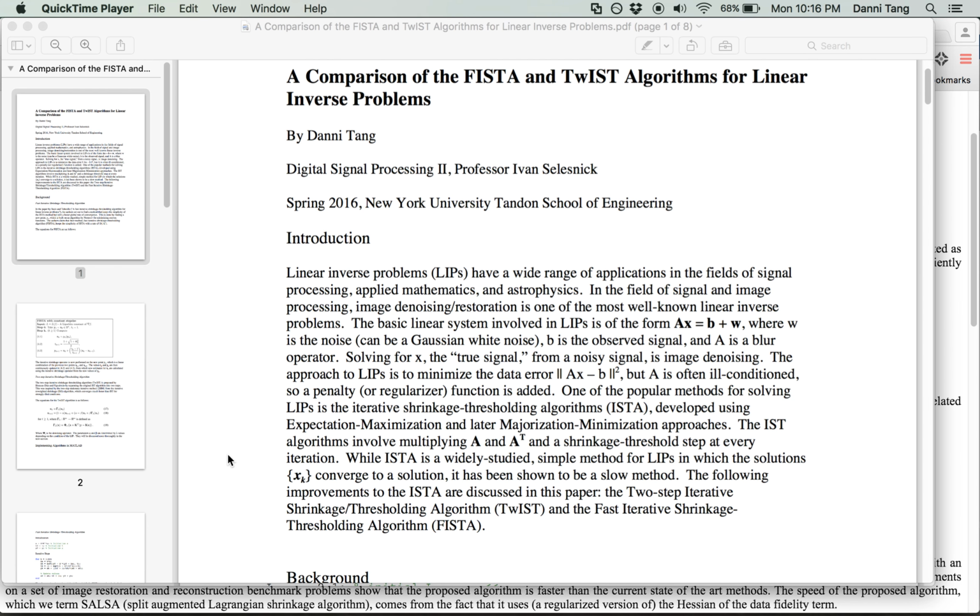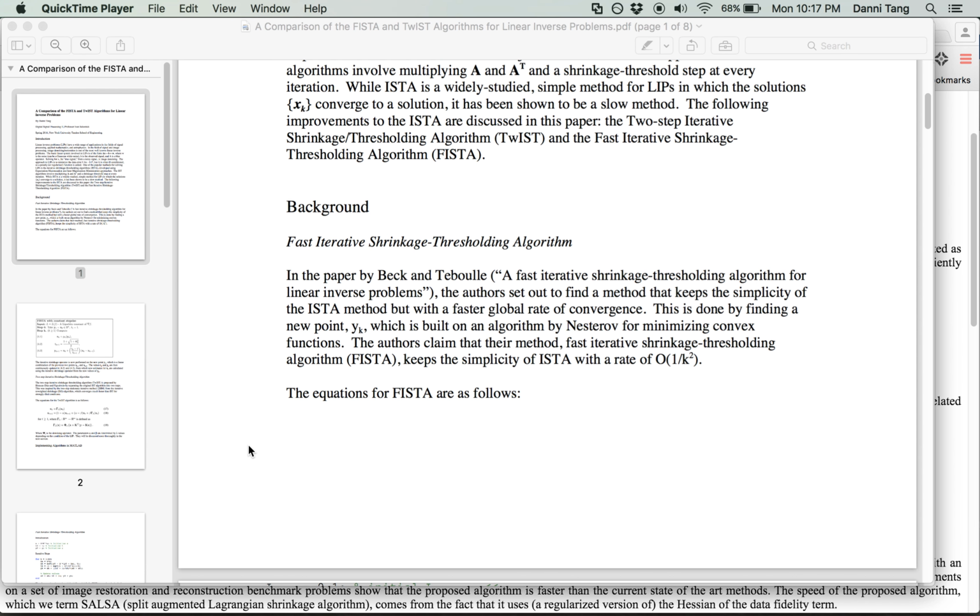So two of them are FISTA, the fast iterative shrinkage thresholding algorithm, and TWIST, which is the two-step iterative algorithm. There are two different papers discussing these two algorithms, and both claim that they're faster than the original ISTA method.